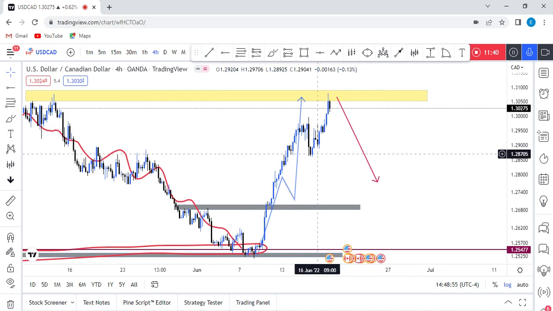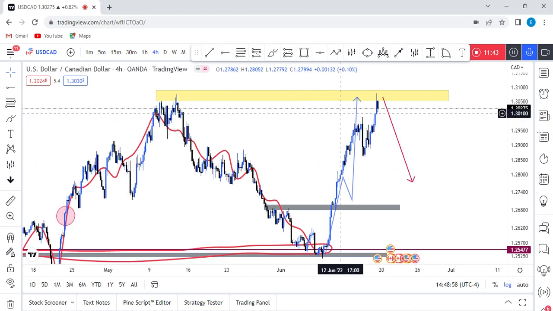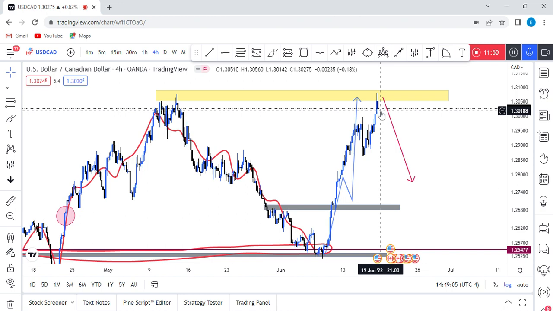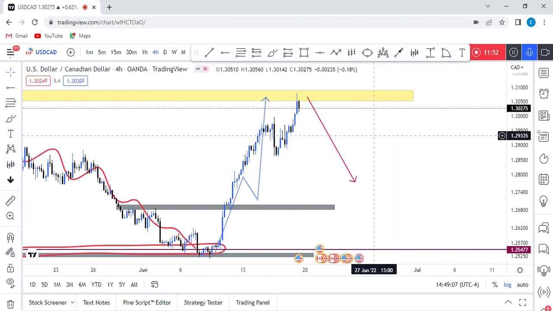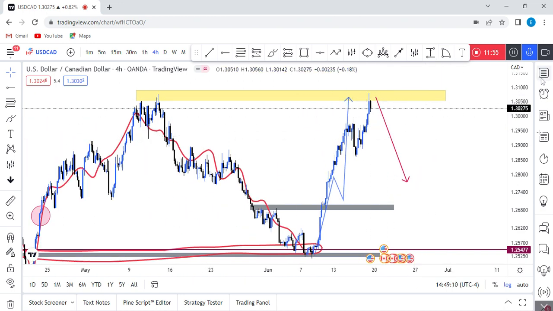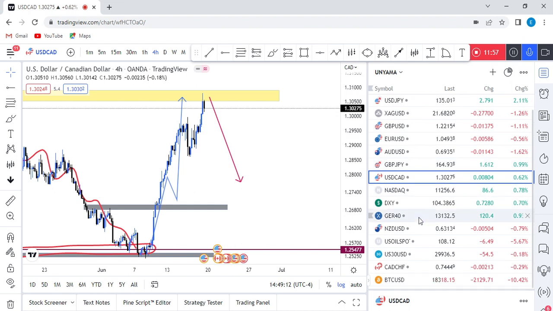So we need to wait for price action before entering our long-term sell setup. But for now, you need to sell at the short-term structural test to this level. So there is a scalping setup of selling. So we need to sell this one.